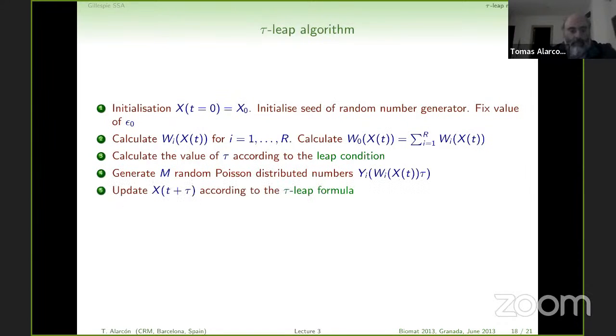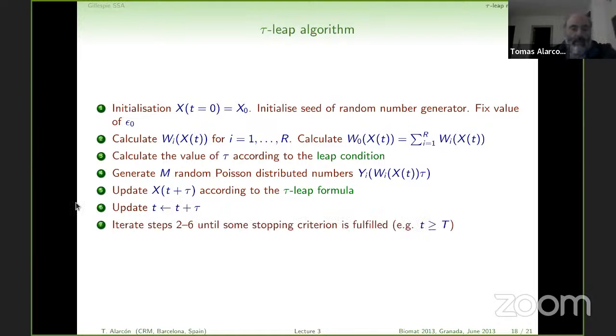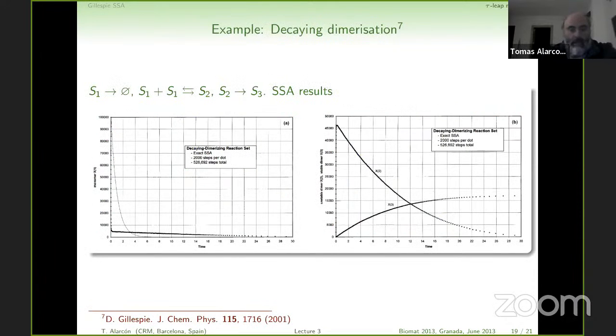And then we update the time. Just as in the Gillespie algorithm, we update it by tau. And again, we iterate steps 2, 3, 4, 5, and 6 until some stopping criterion is fulfilled. And that's it.